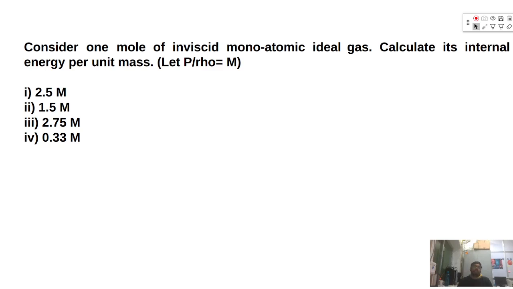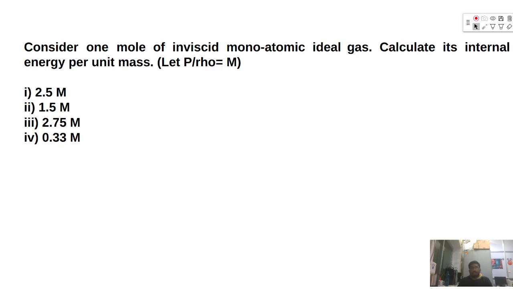So can you do it? You have an ideal gas which is monoatomic in nature, 1 mole, and also inviscid. Now you need to calculate the internal energy per unit mass, or specific internal energy.